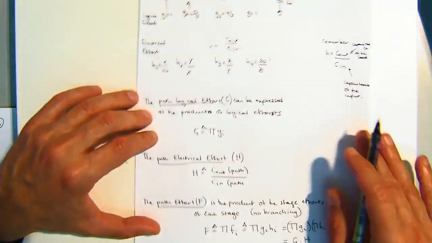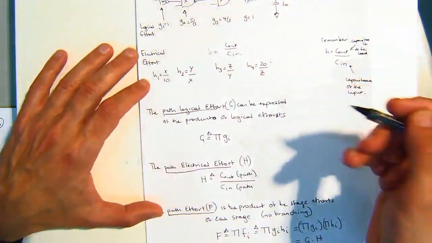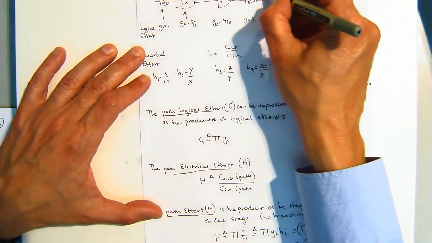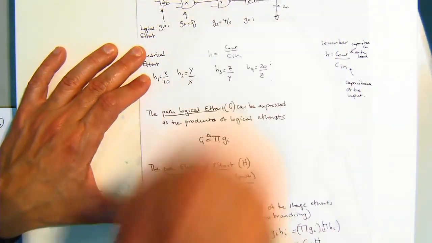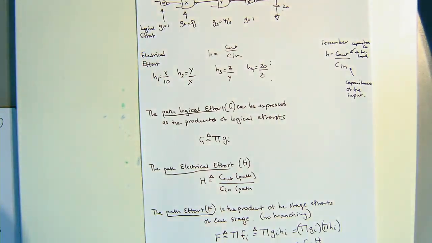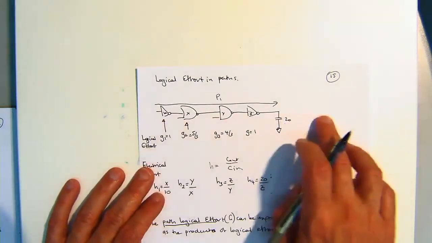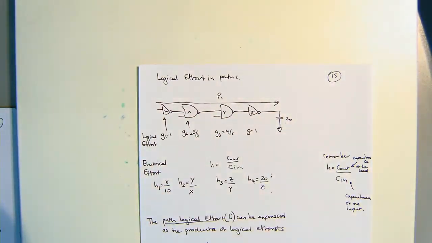When I'm talking about path logical effort or path efforts, what I'm saying is, if I had this path, like path 1, what is its effort? If I had this whole sequence of gates, or connection of gates, what is the overall logical effort, electrical effort, or the total path effort?